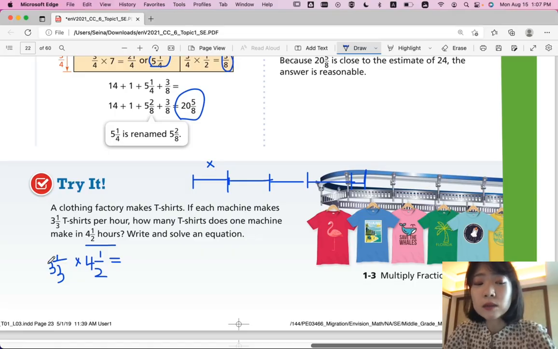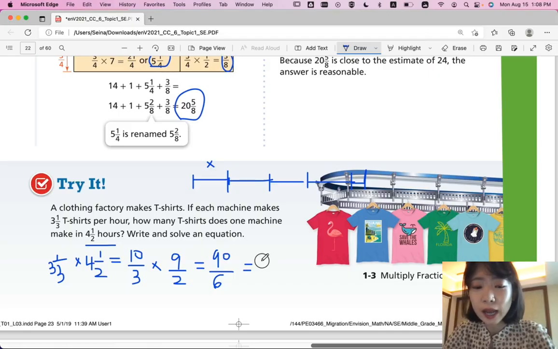And in order to do that, you change it into a fraction. 3 1/3 is 3 times 3 plus 1, which is 10 over 3, times 4 1/2 is 4 times 2 plus 1, 9 over 2. And if you multiply them, 10 times 9 is 90, 3 times 2 is 6, and if you simplify them, divide both numbers by 6, you get exactly 15.